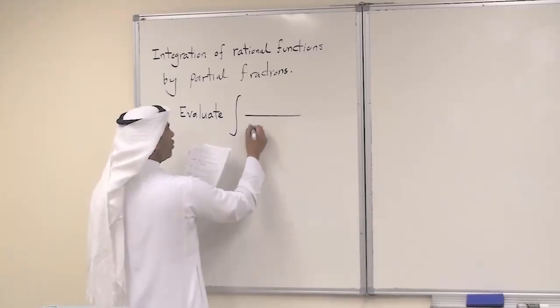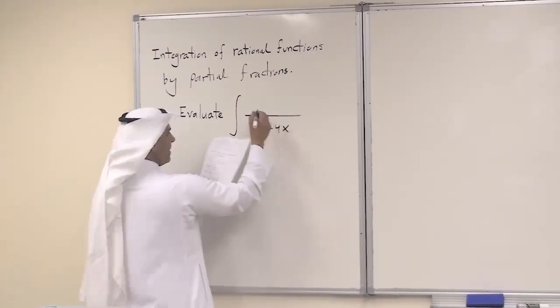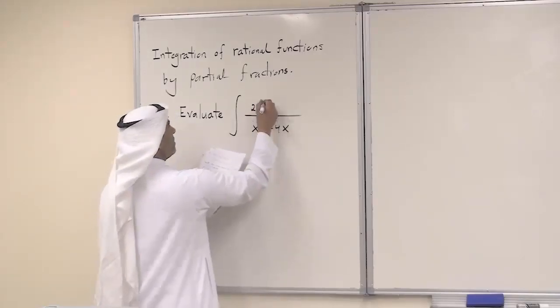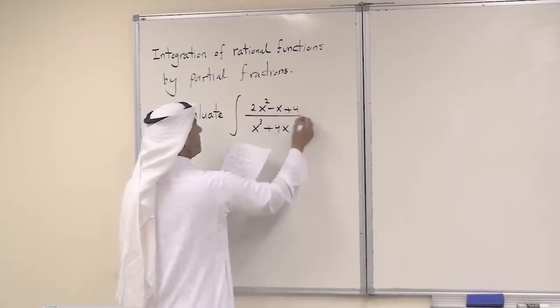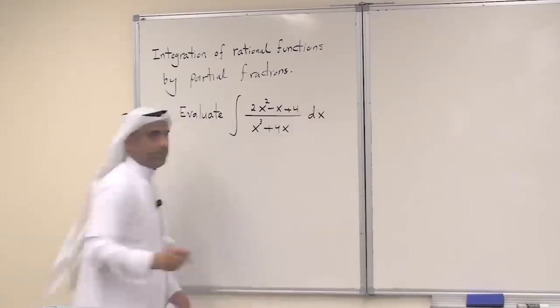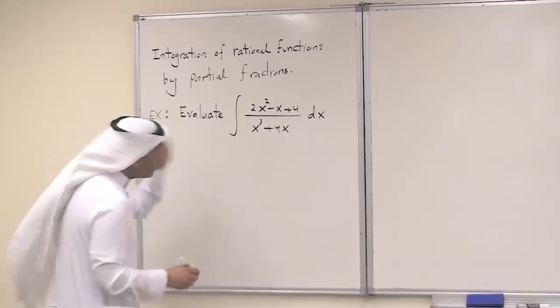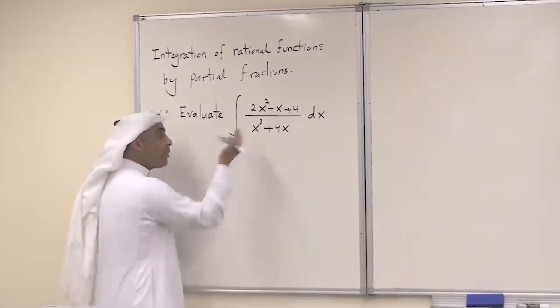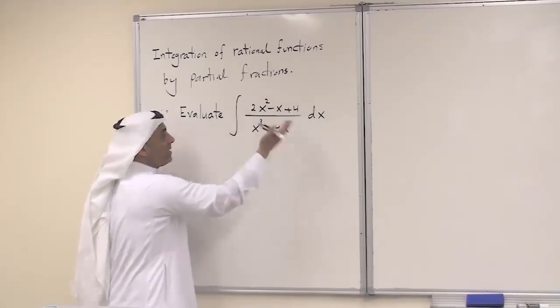This is x cubed plus 4x, and this is 2x squared minus x plus 4 dx. Now looking at the denominator. Before we go to the denominator, let us make sure that we have a proper fraction. This is of degree 2, this is of degree 3, yes.